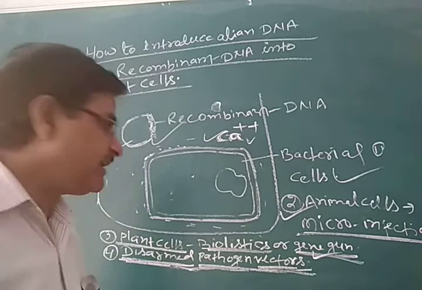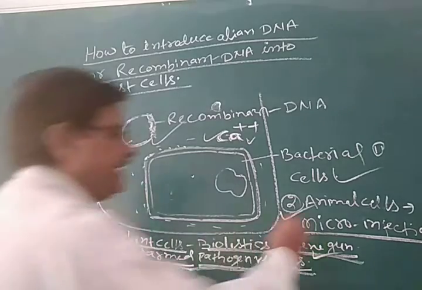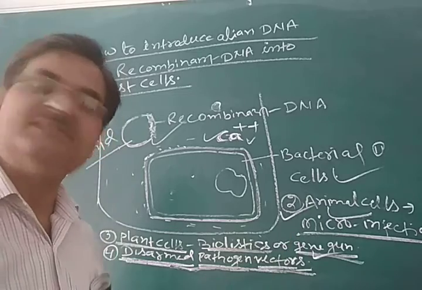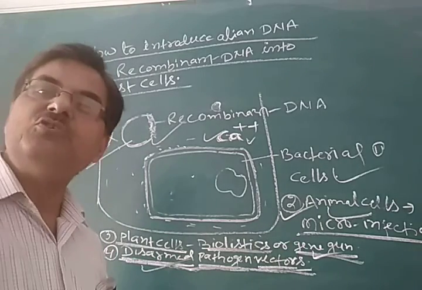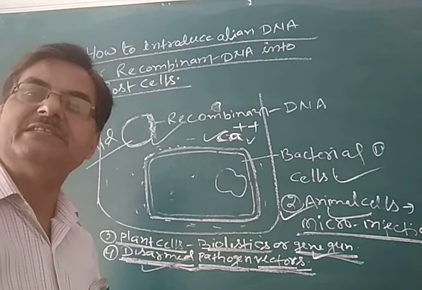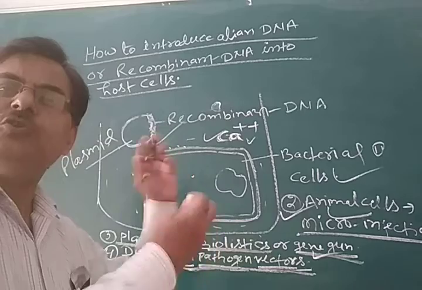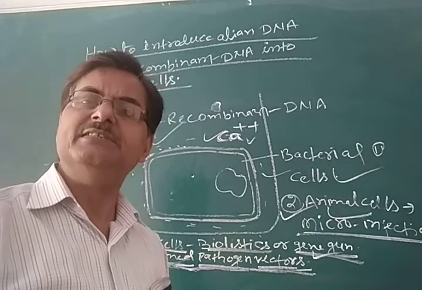Through those retroviruses we can introduce the desired gene into the animal cells. So for the animal cells we can use the retroviruses. For the plant cells we can use Agrobacterium tumefaciens, the bacterial cells. Likewise, through bacteriophages also we can introduce DNA into the bacterial cells.